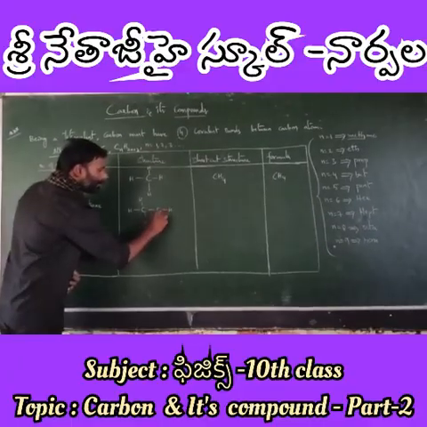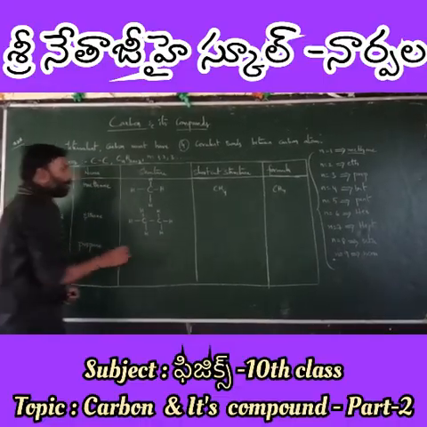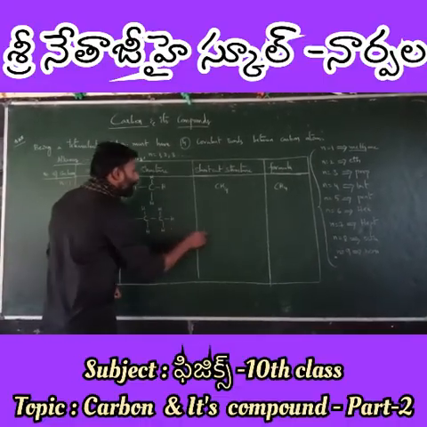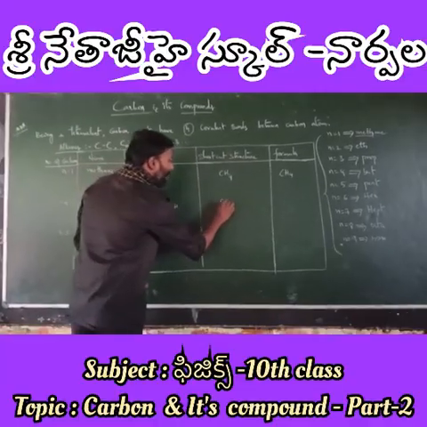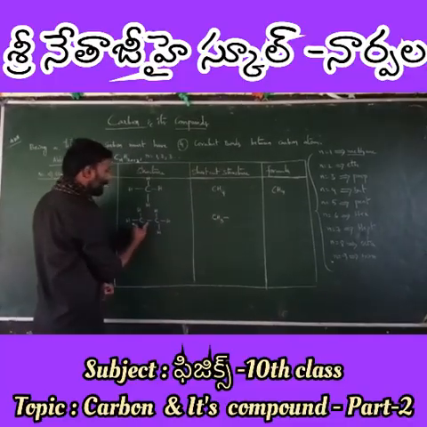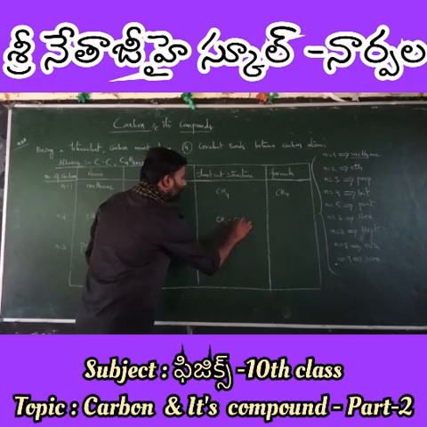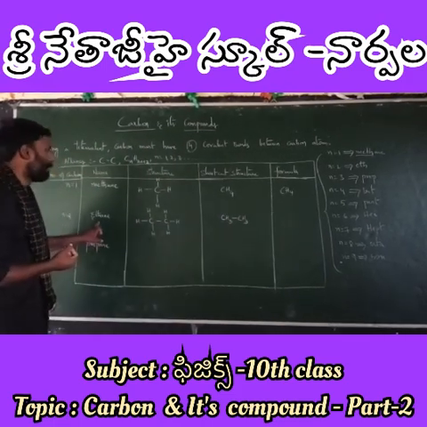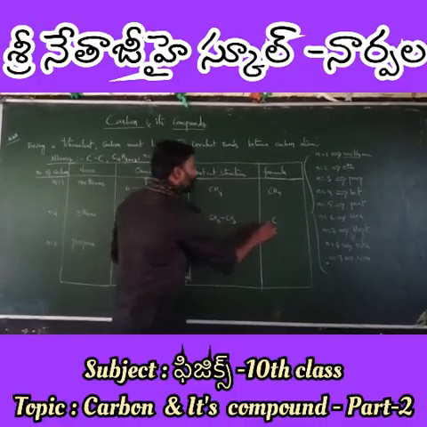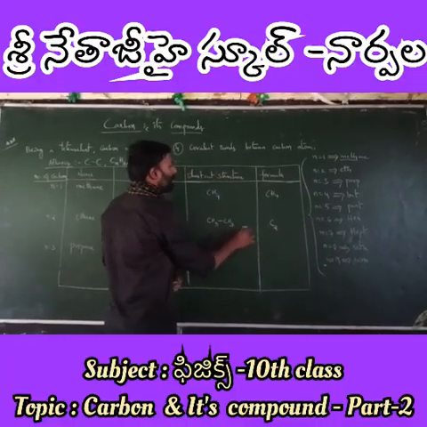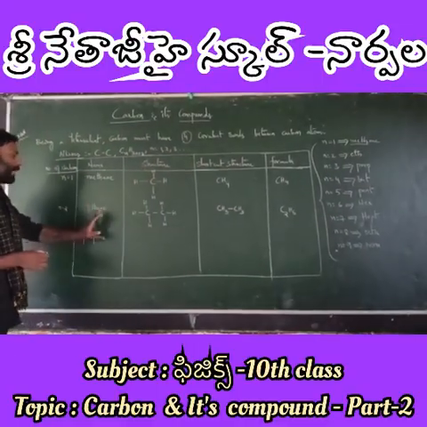Therefore, hydrogen, hydrogen, and hydrogen. So what is the shortcut structure? First carbon with how many hydrogens? 3 hydrogens. Second, single bond, again 1 carbon. How many hydrogens? 3 hydrogens. So this is the structure of ethane. And what is the formula? Number of carbons 2, and hydrogens are 6. So C2H6 is the formula for ethane.